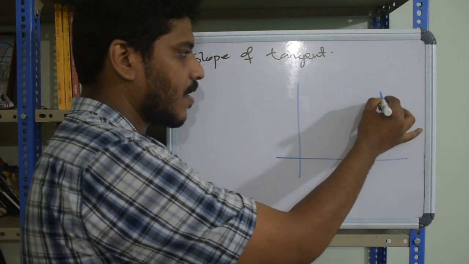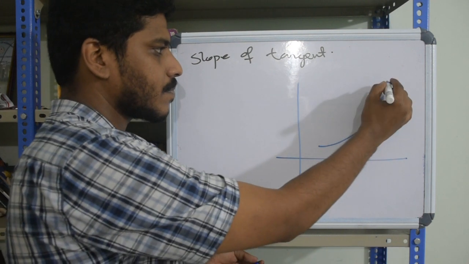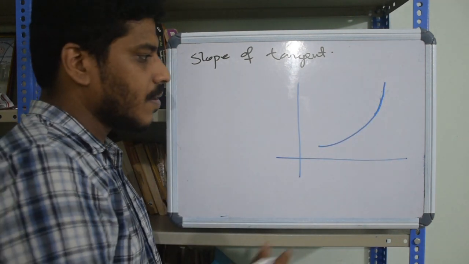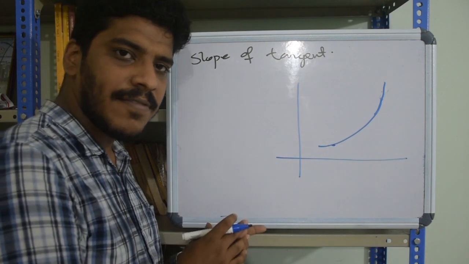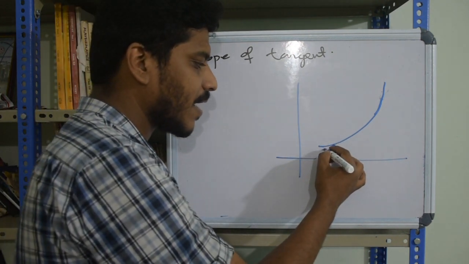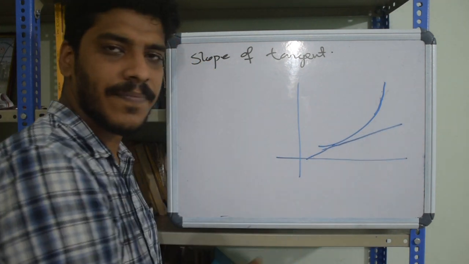Suppose we have a graph of a function here. Suppose we have a point here. The tangent to this graph at this point is the line touching the graph exactly once, and that is at this point.